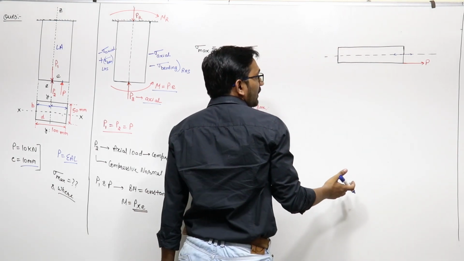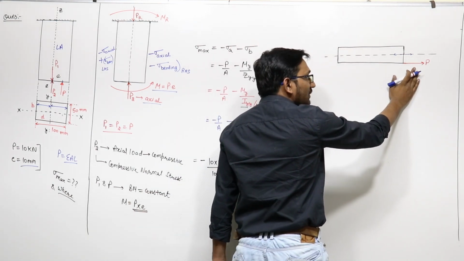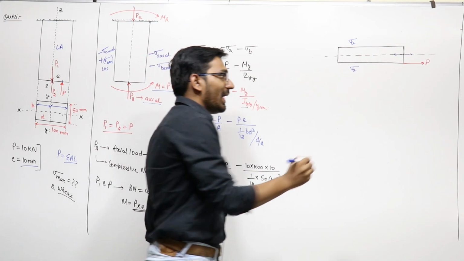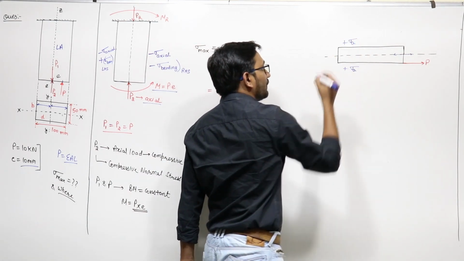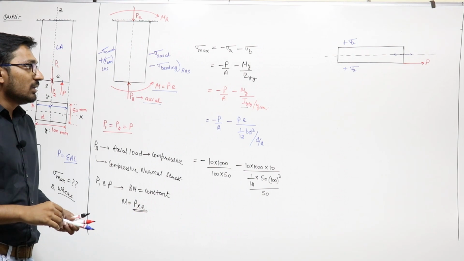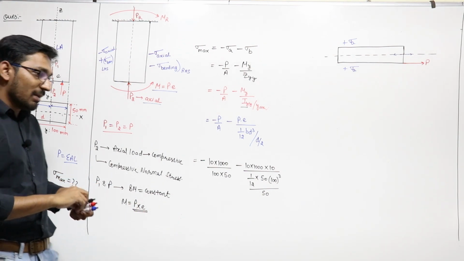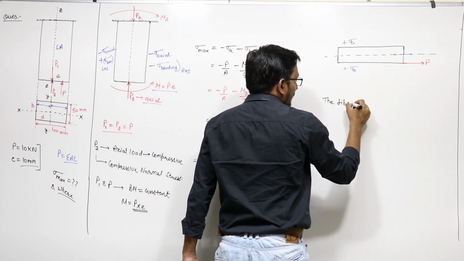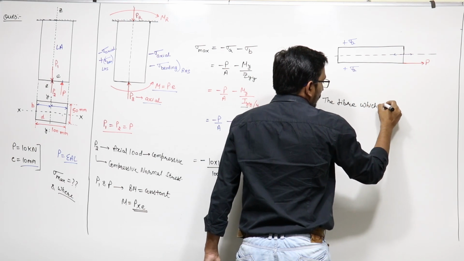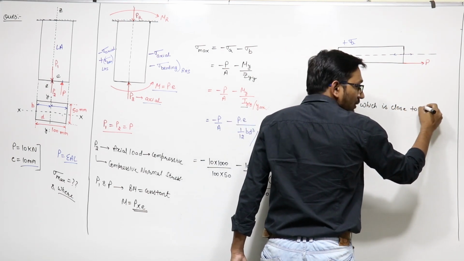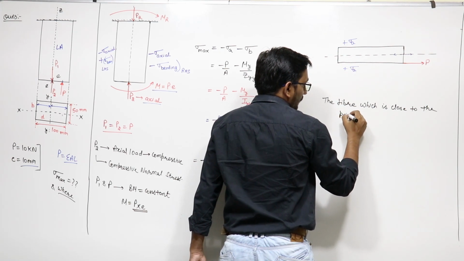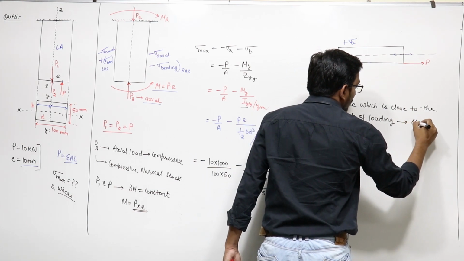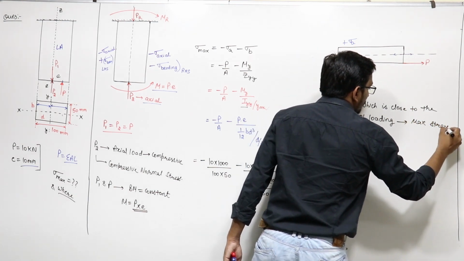For your objective, if this is a tensile load, then sigma axial will be tensile, that is plus. And just remember one thing: the fiber or the section which is close to the point of loading has maximum stress.